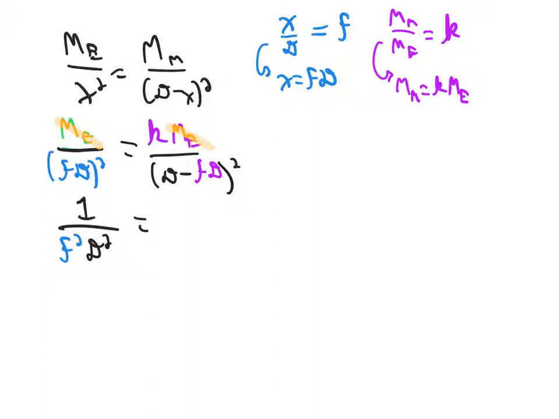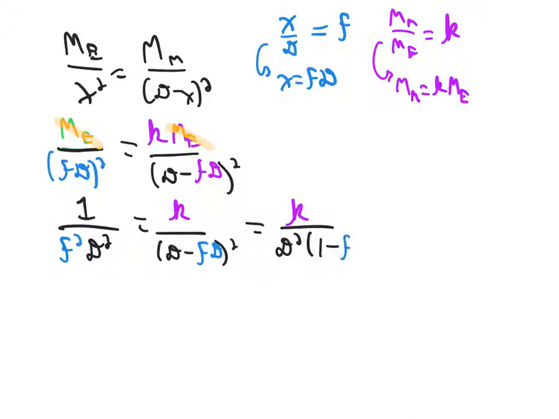And over here I'm gonna still have k, and on the bottom I'm gonna have d minus fd quantity squared. And I'm going to pursue that a little bit more, and I'll say, oh, that's k over, and here I can pull the d out, so I have d squared times 1 minus f quantity squared.